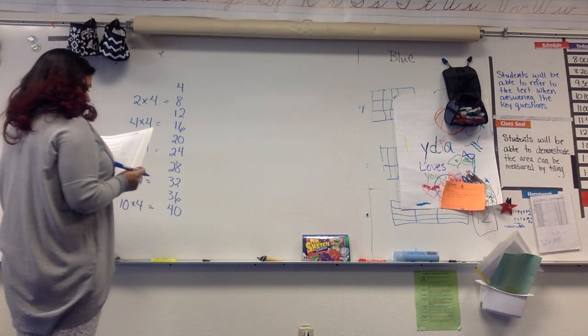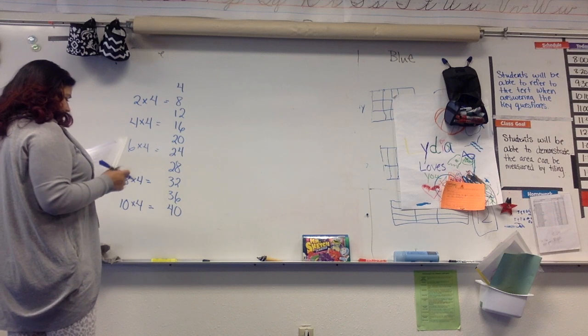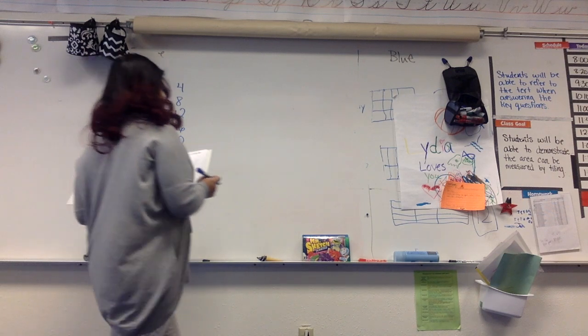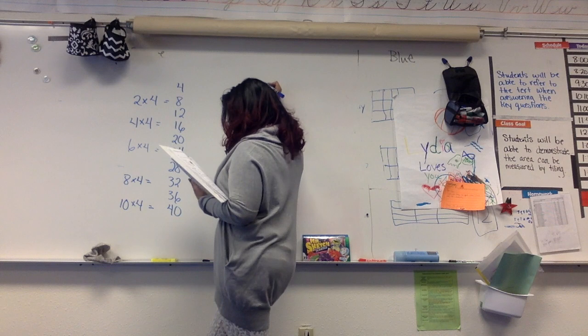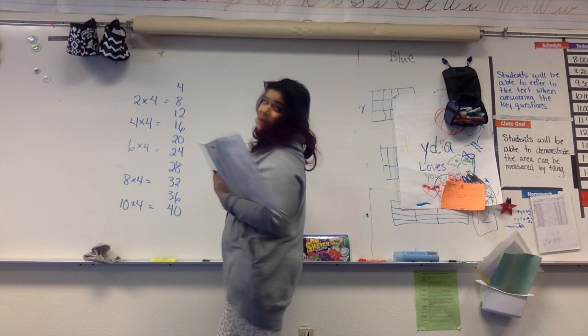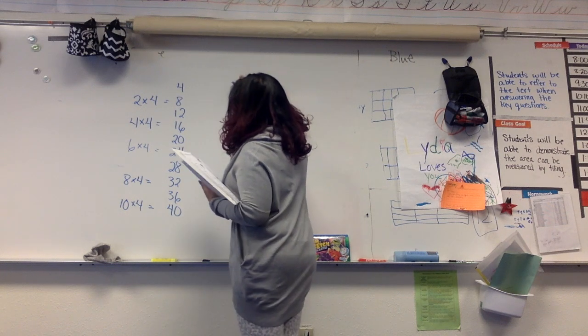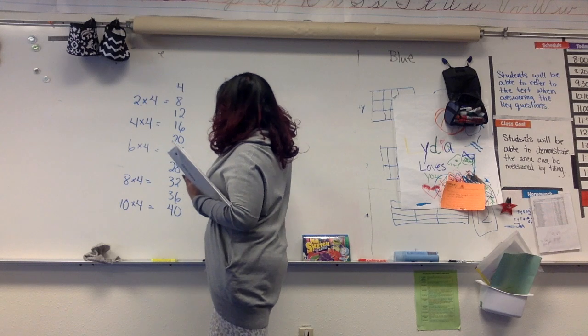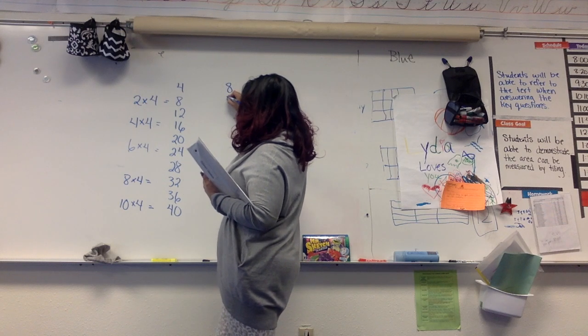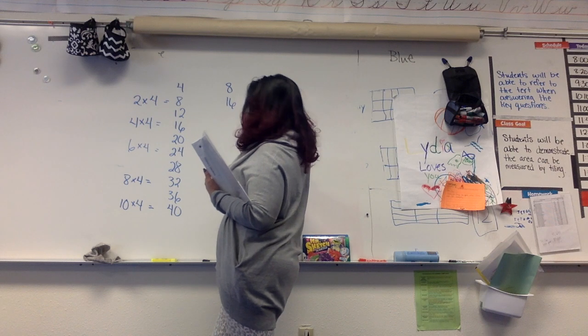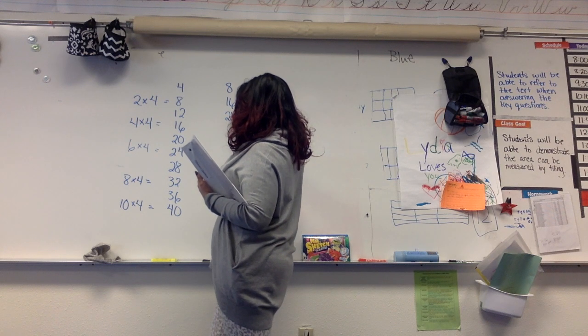All right, now we're going to do some counting by 8s. Wow. Counting by 4s was hard. Counting by 8s is going to be even harder. So we have 8. 8 and 8 is 16. Add another 8, 24.